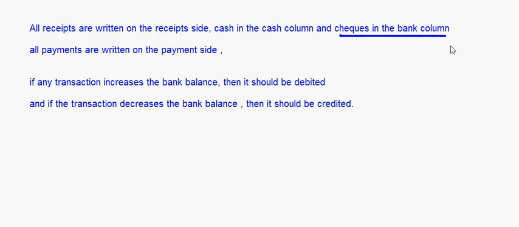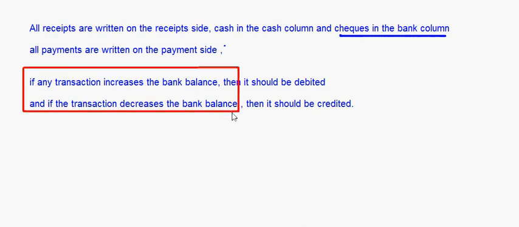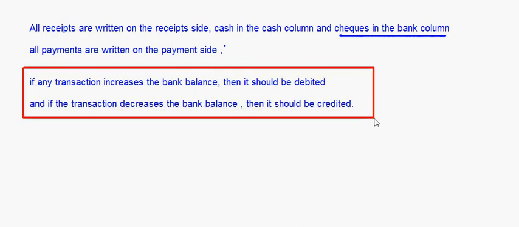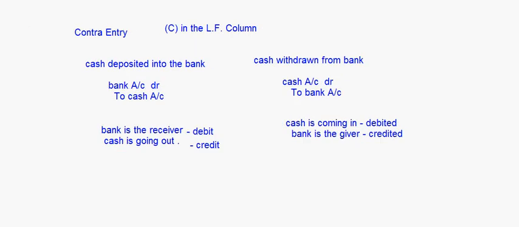So whatever checks you receive will be put on the receipt side, and whatever payments you make by check will come in the bank column. Payments made by cash will come in the cash column. And then this is something which will help you decide, if you are in doubt whether it should be debited or credited. Remember this rule, then it will become clear whether it should be debited or credited.